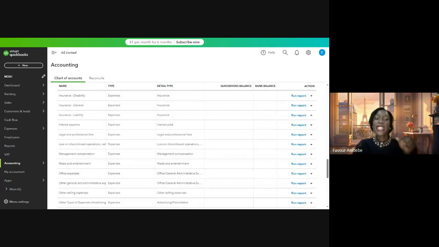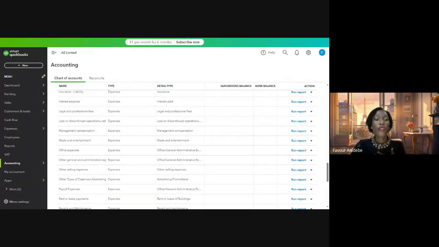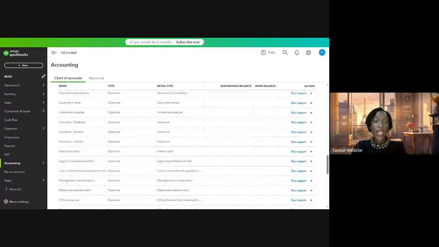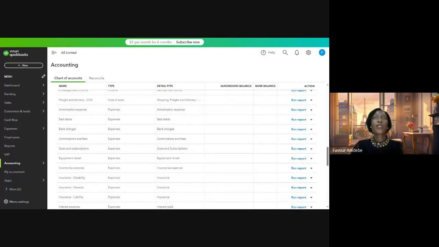But this AZ Limited, let's say Favor is CEO of AZ Limited. Favor is making an investment in AZ Limited from his personal money. So it will be so wrong for us to categorize this capital under share capital.